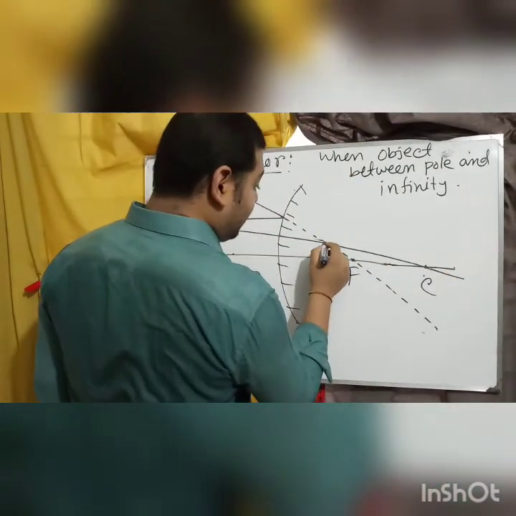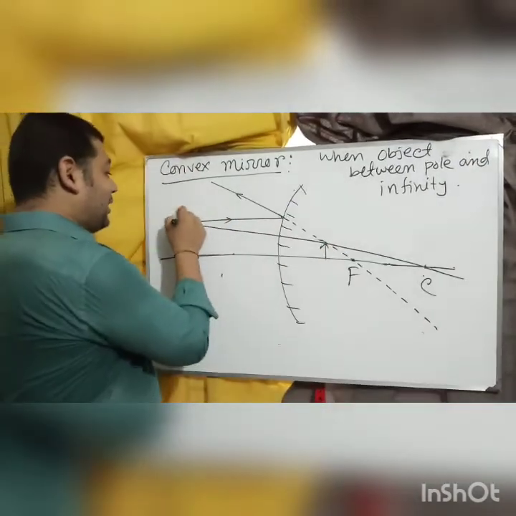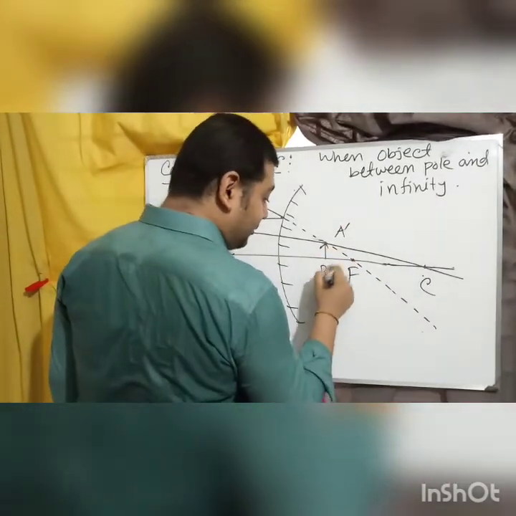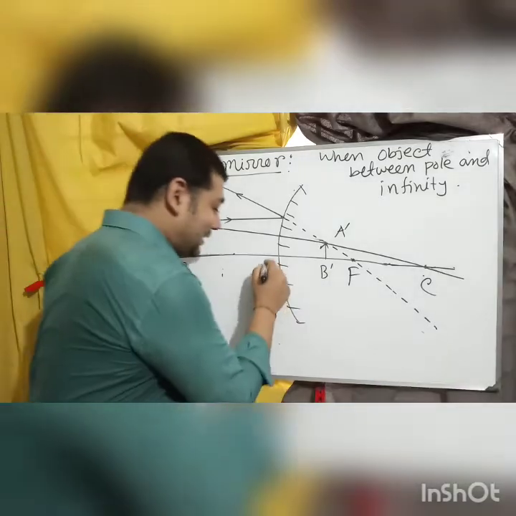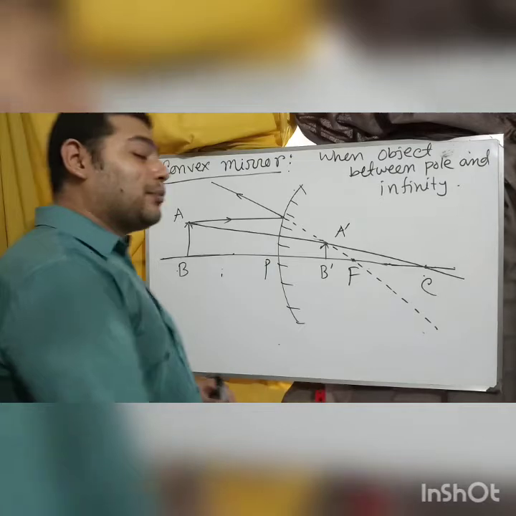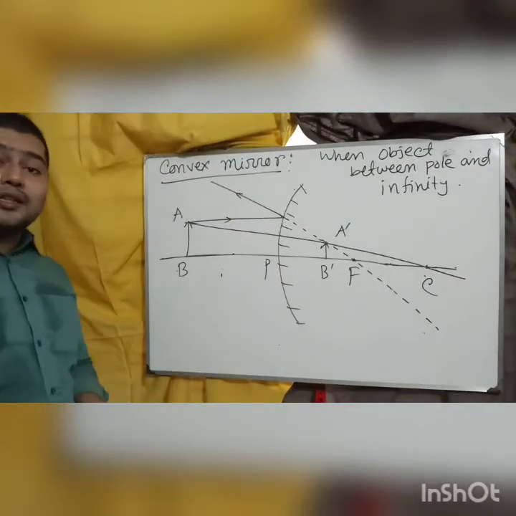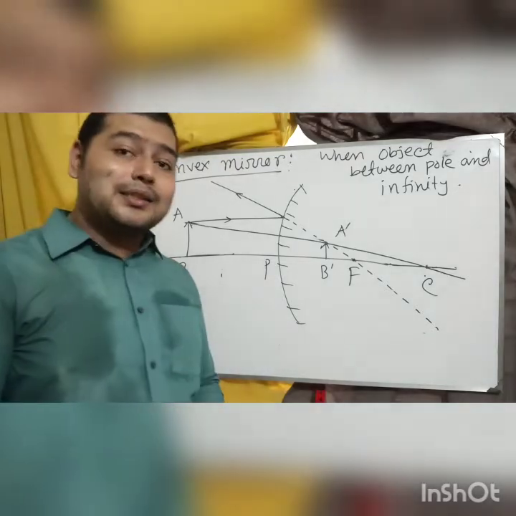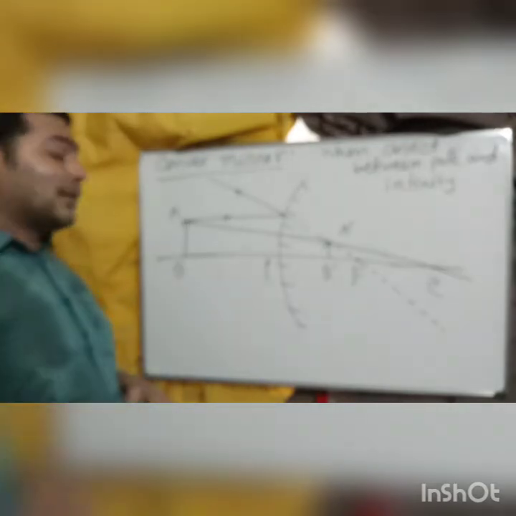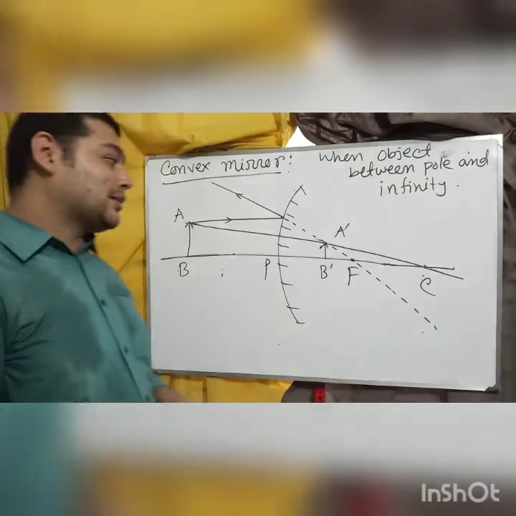So the two rays meet at a point. If AB is our object, then A prime B prime will be our image, and we see that the image is situated at the opposite side of the mirror. So this type of image is called a virtual image, and its direction is the same as the object, so it is also called an erect image.